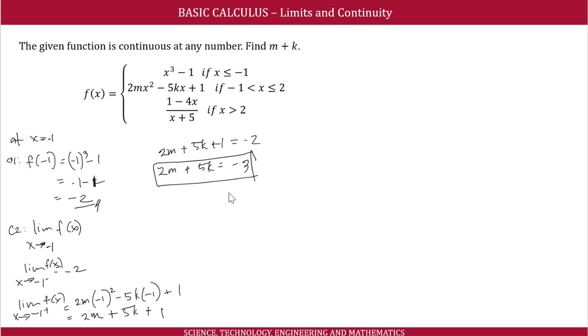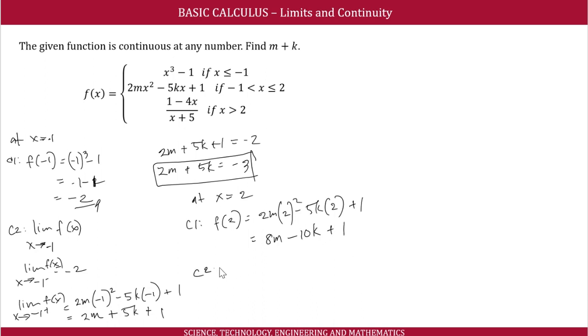Next, let's go to positive 2. So at x equals 2, we have the first condition, f of 2. That will be the second subfunction, x is less than or equal to 2. So we have 2m times 2 squared minus 5k times 2 plus 1. That is 2 times 2, 4, times 2, 8m, minus 10k, 5 times 2, plus 1.